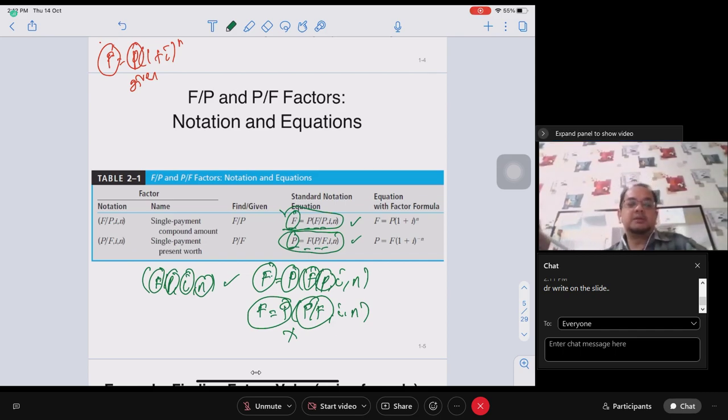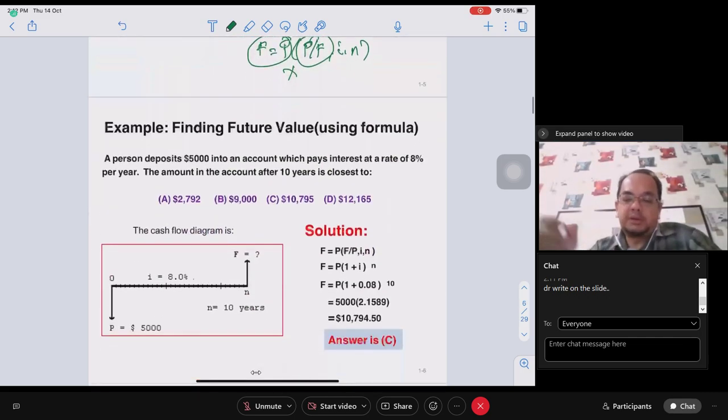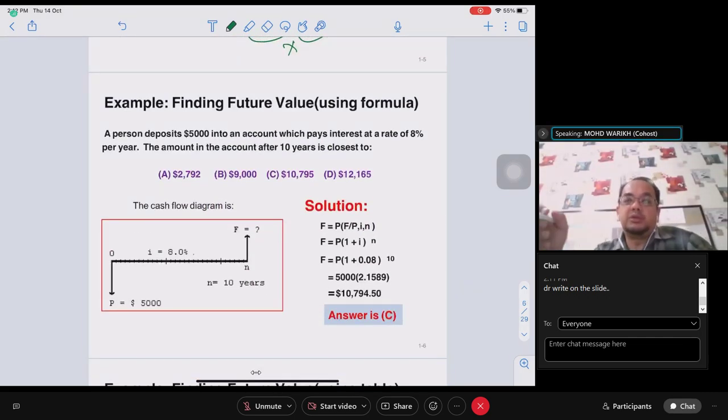For example, find the future value using the formula. We can compare using the formula and using the table. In this example, a person deposits 5,000 ringgit into an account with 8% per year.